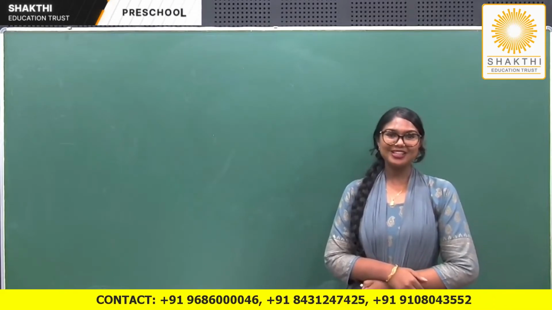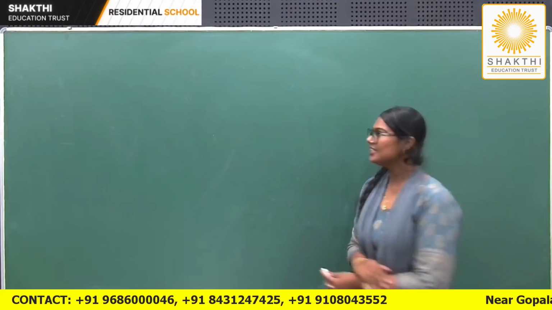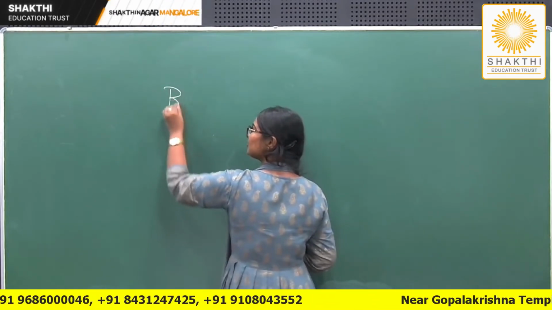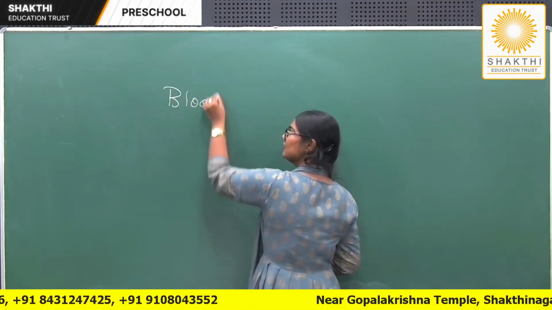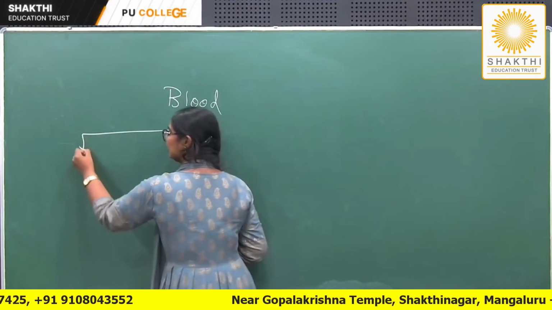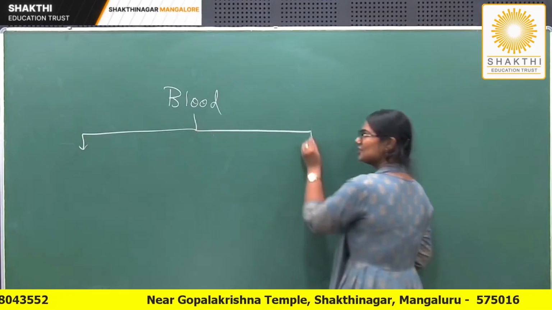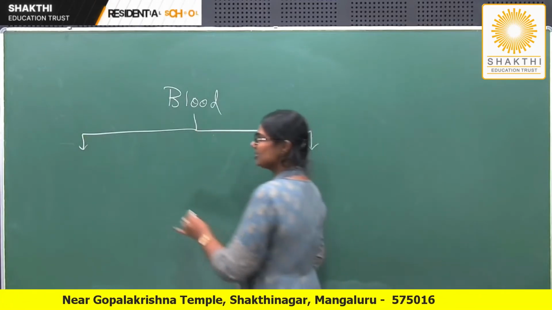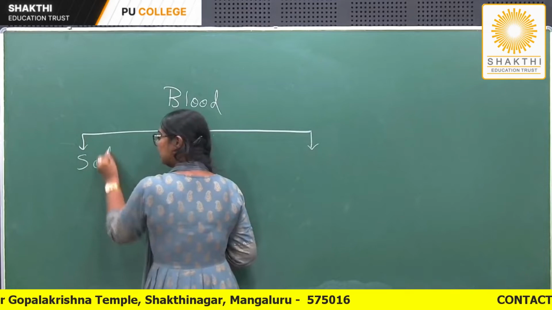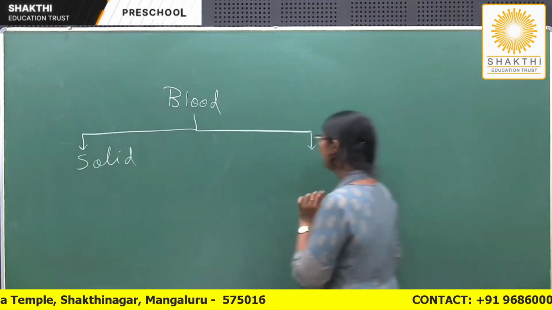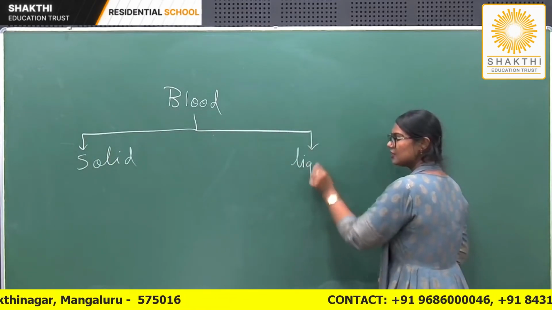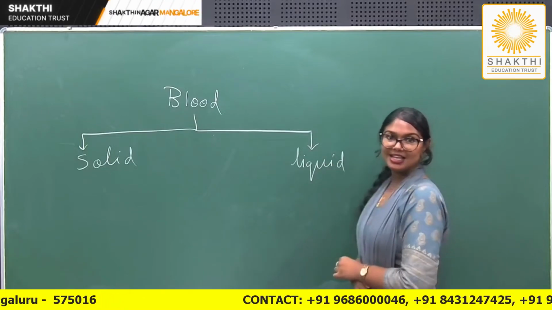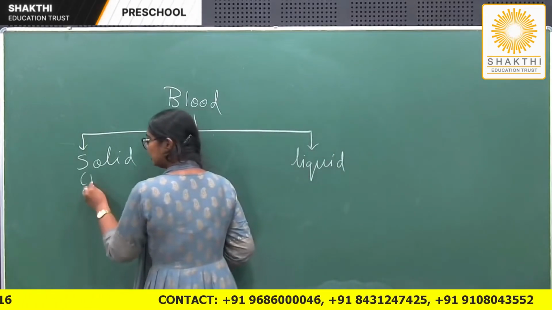The components of blood. Blood is made up of two components, students. That is the solid component and the liquid component. The solid component of blood is called as formed elements. So we have solid and liquid. The solid components of blood are called as formed elements.